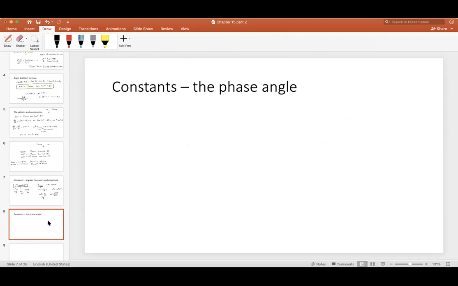However, the phase angle is a little bit weird. So let's talk about what the phase angle actually tells us. We'll start with this. Now, how would we figure out the phase angle? Well, when t is equal to 0, we need to know where x is.